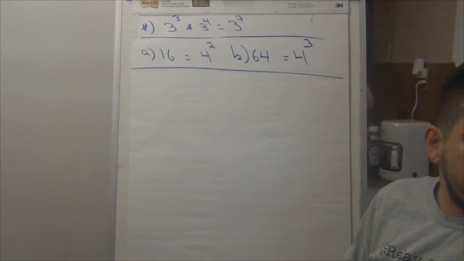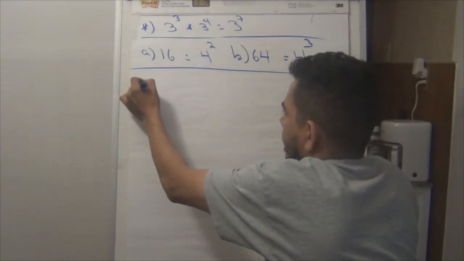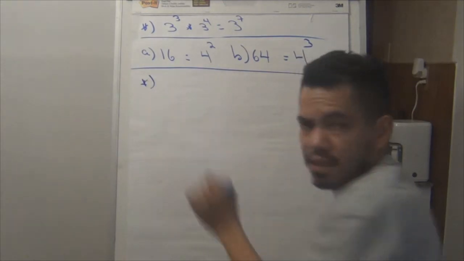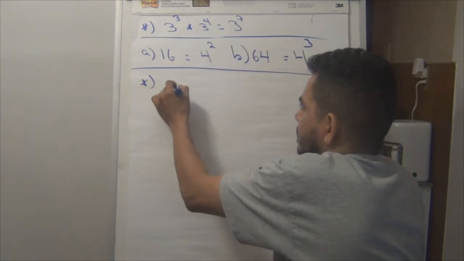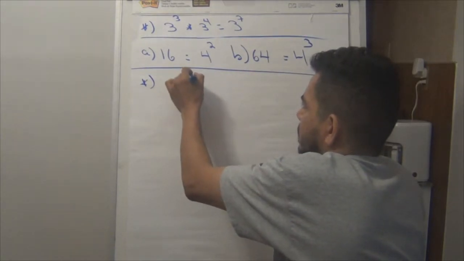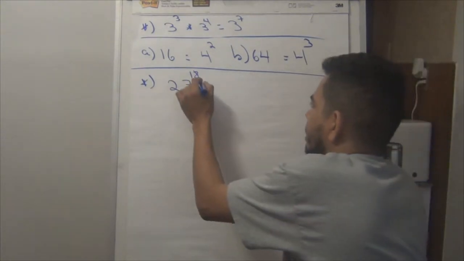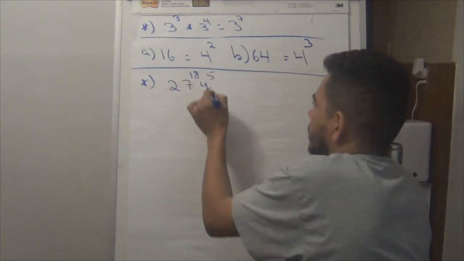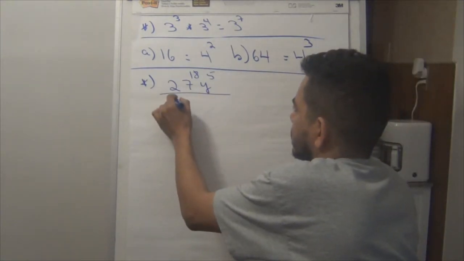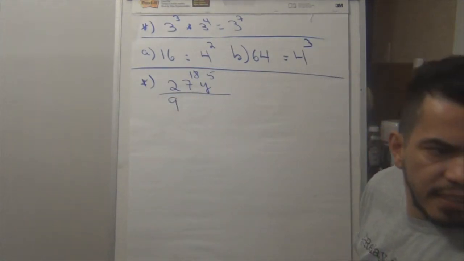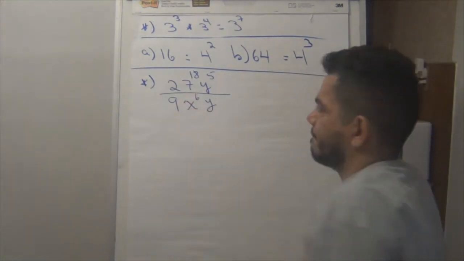Alright, 27x to the 18th. Oh my god. Okay. So we have this exercise right here that it says 27x to the 18th power y to the 5th, okay, over 9x to the 6th y.